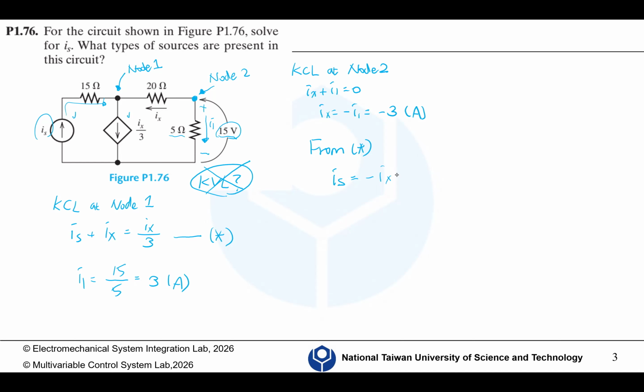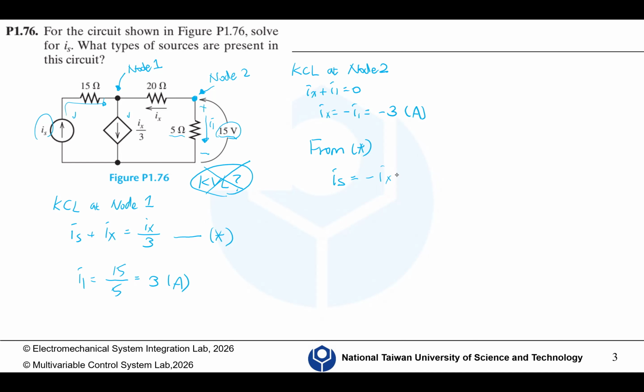If you look at the first mesh, we don't know the voltage difference of this dependent current source, and there's no way to get away from it. The only way to avoid this is to look at this big mesh.